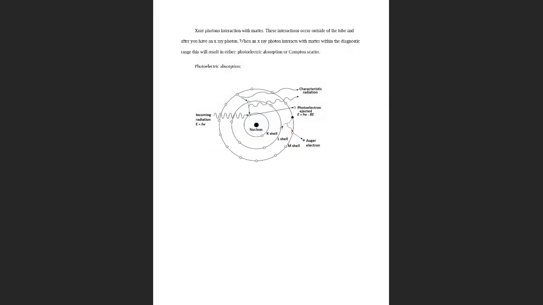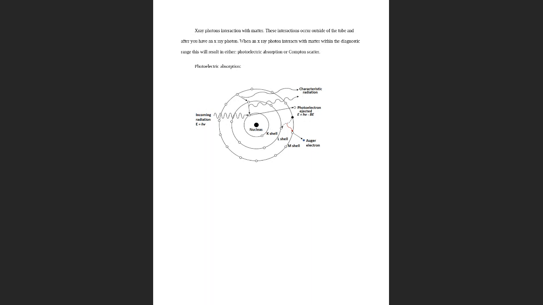Okay, so again, those are the two interactions that occur between a projectile electron and the target atom within the tube. These two interactions are the ones that are responsible for producing X-ray photons.